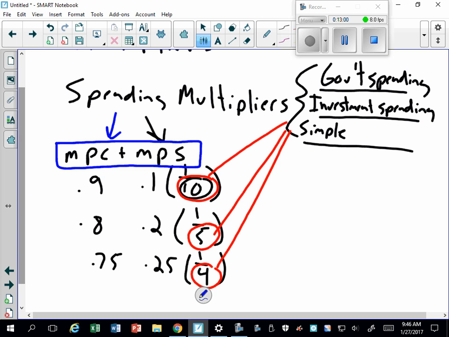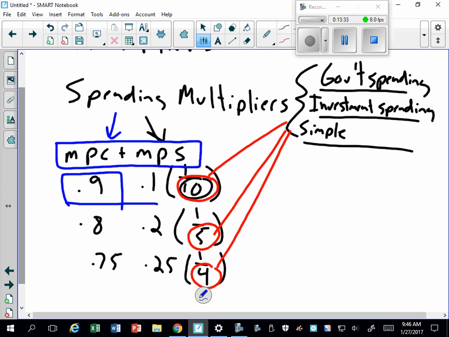So if this is my MPC, right here, 0.9, that means I'm only going to consume 900 of that, and I'm going to save 100. The savings, in many ways, almost like a leakage, kind of weakens the effect. And what ends up happening is, since I spend 900, now 900 gets re-injected back into the economy. And then what happens with that 900? That 900 gets MPC'd and MPS'd. So 90% of 900 is 810. They would save 90. And then the next round would continue.